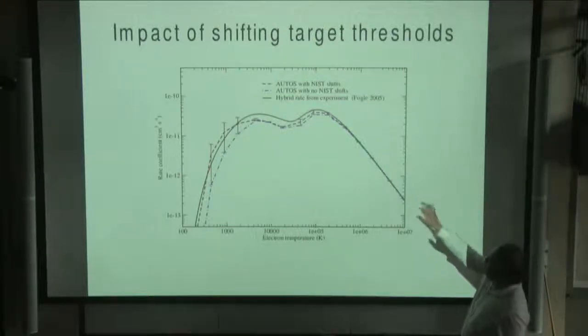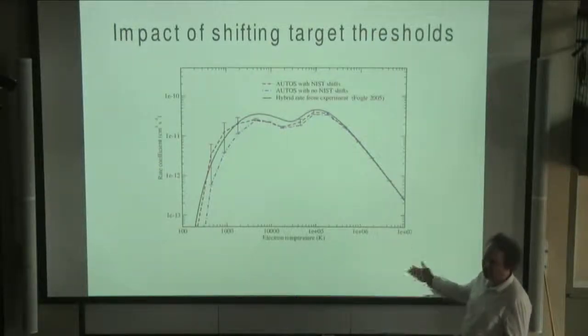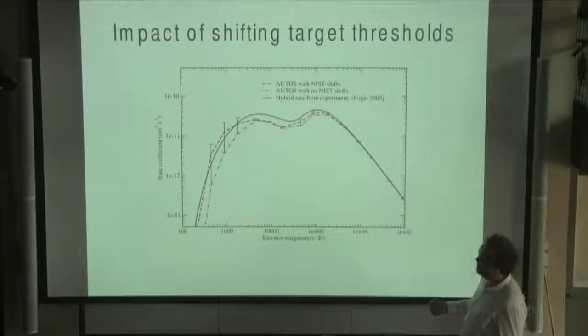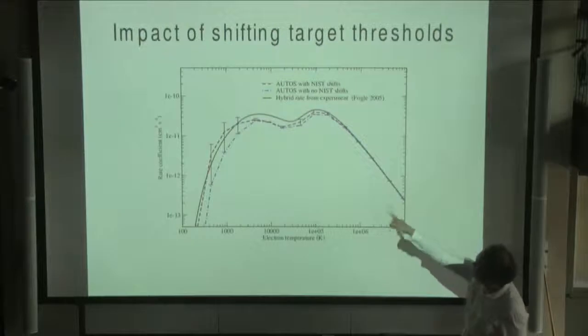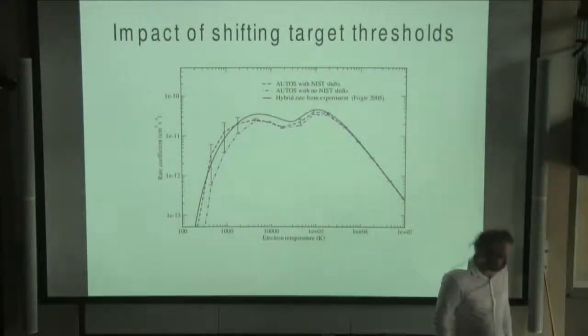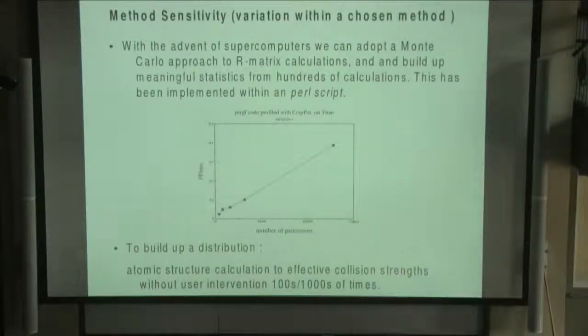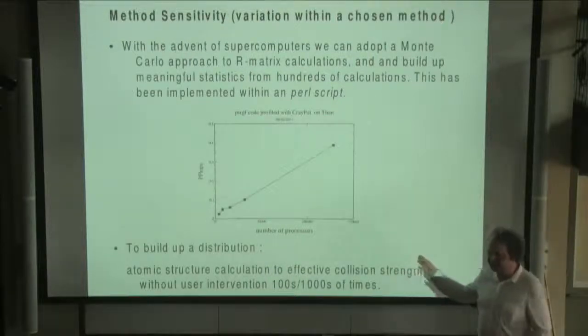I should say the hybrid rate from experiment is they do the low shells up to n of 69, and then they're topping up with the theoretical resonances from n equals 69 up to 1,000, so that's why it's hybrid. But this shouldn't affect the low temperature rate coefficient. So that's what we've done, and this is what we'd like to do.